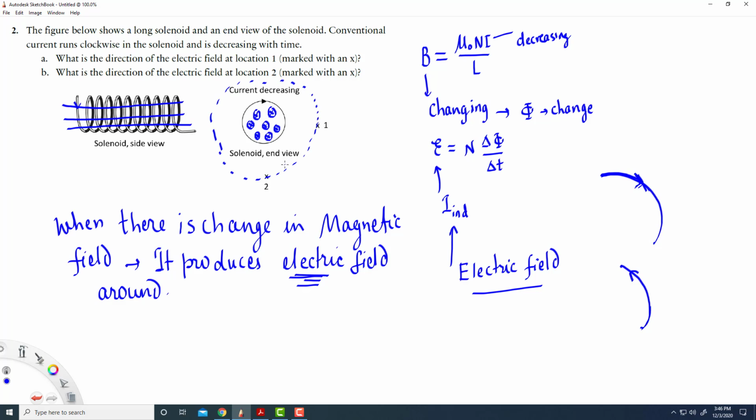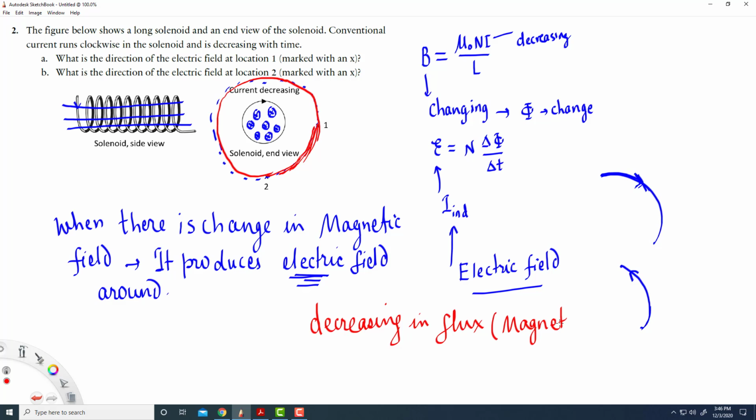So now we can use Lenz's law to find the current in the wire. So if you remember Lenz's law, so recall that. So that's some imaginary wire. Okay. So Lenz's law tells us that when there is decrease in flux or decrease in magnetic field, whenever there is decrease in magnetic field, that decreases the flux.